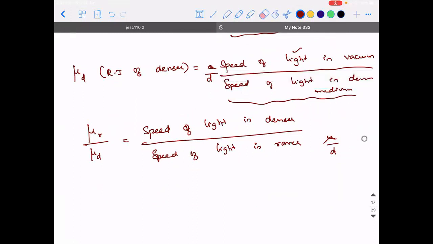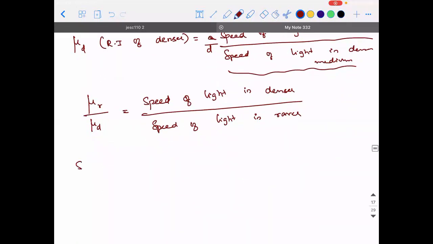Now, I have an important question to ask. We know that speed of light in denser is less than speed of light in rarer. This is accepted.